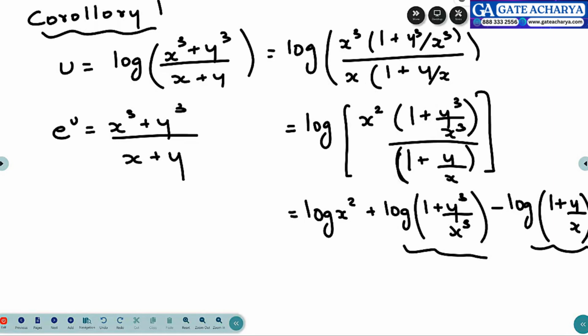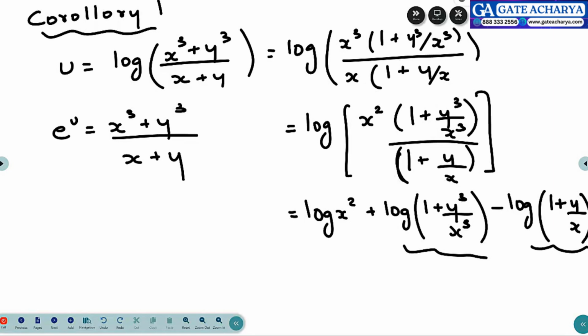Understood? This is the scenario that we are discussing in that corollary. So u is not homogeneous, but the other function of u, which is e raised to u, is homogeneous. Understood the scenario? What we are trying to say here?